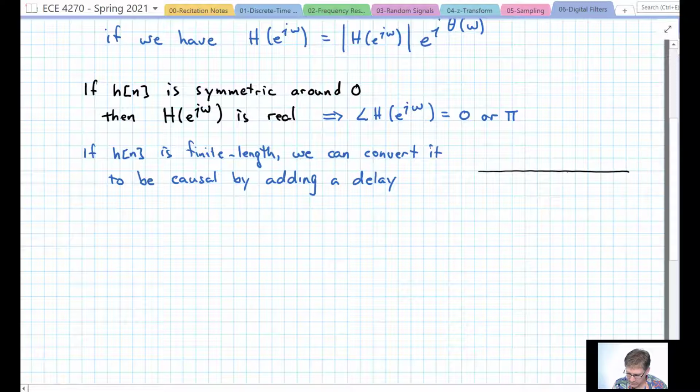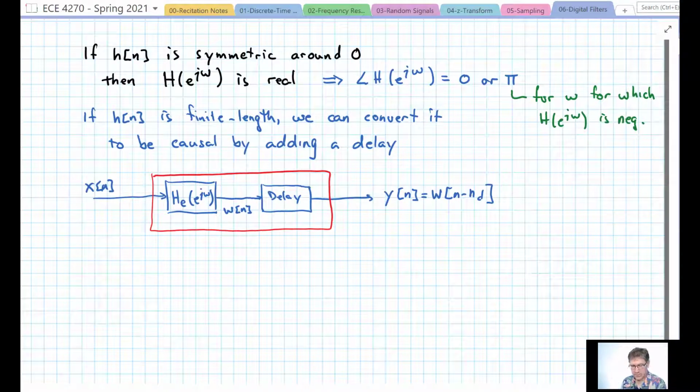So h might look something like this. And for it to be real, or rather for the transform to be real, it would have to be symmetric about there. So if we could just delay this one by 1, 2, 3, 4 samples, we would have exactly what we wanted.